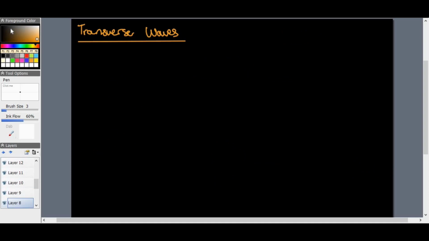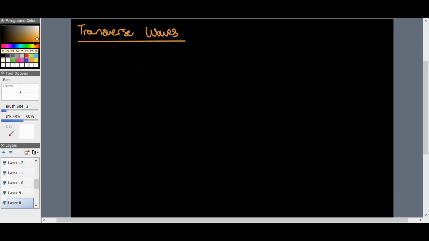The two different types of waves that we get in wave, sound and light are transverse waves and longitudinal waves. A transverse wave is a succession of transverse pulses.